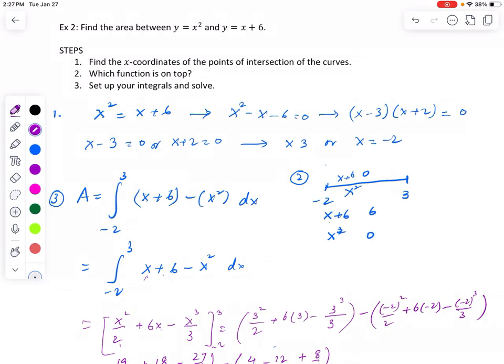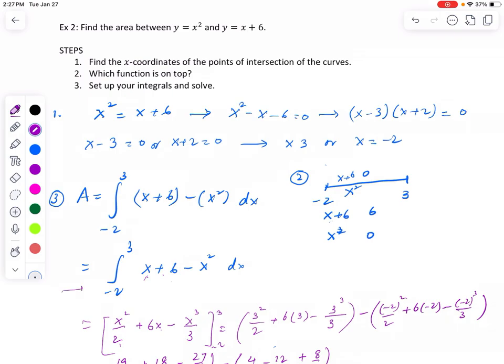Then we figure out which function is on top and which function is at the bottom. We set up the integral, and then we just integrate and plug in the bounds, and we get our answer for our area. So I had set it up for you guys up to here.